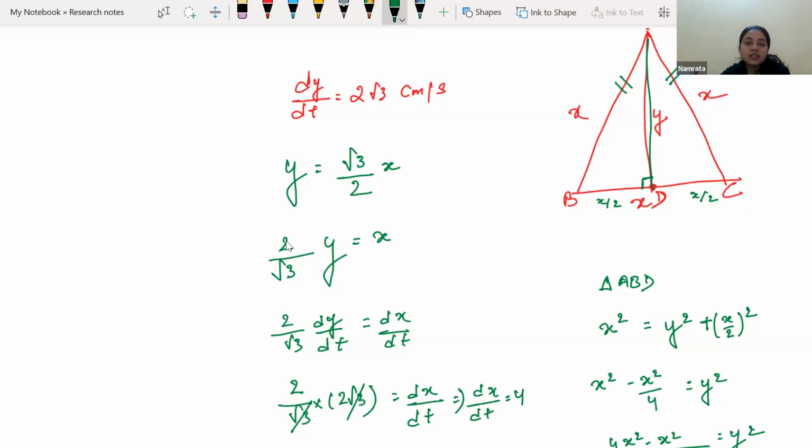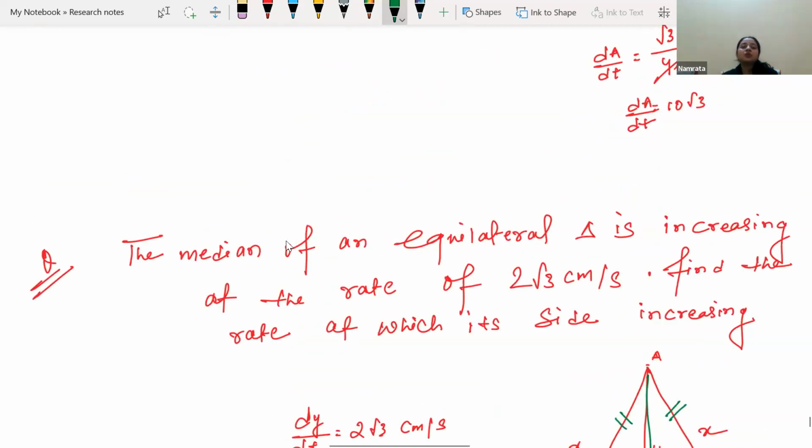Can you see how exactly we solved this problem? We don't know. There is a formula, but this formula we have not used that much. There is a relation between median and the side. This formula we have not used a lot of times. So we can just draw the figure. We will be able to figure out that this median will also work as an altitude.